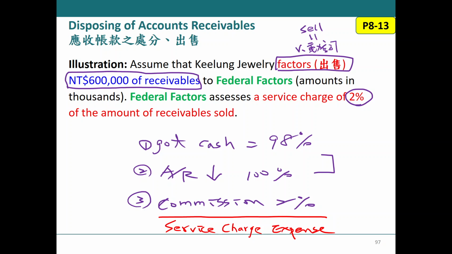If you don't have any questions, please go to your note on page 31. So please finish page 31. Page 31, don't forget. We told you at the beginning, you sell the product to customers using perpetual, 永续盘存制.